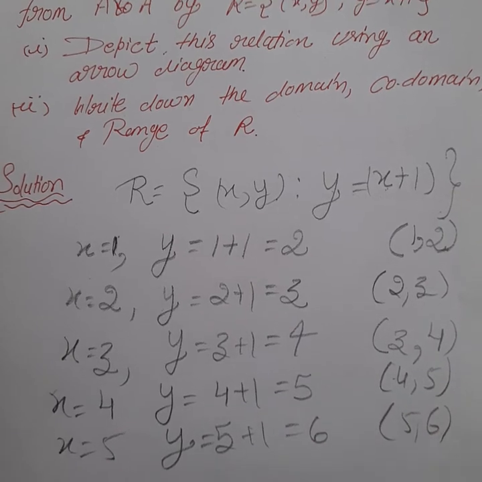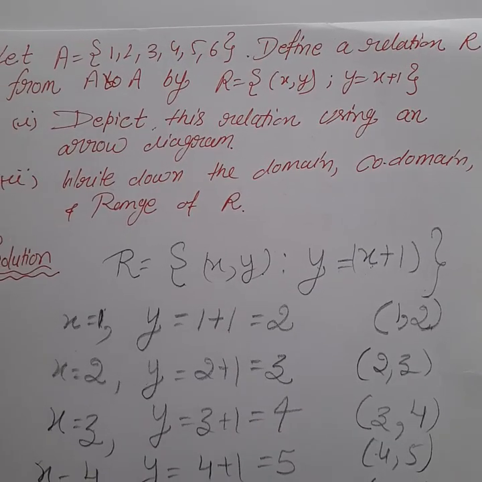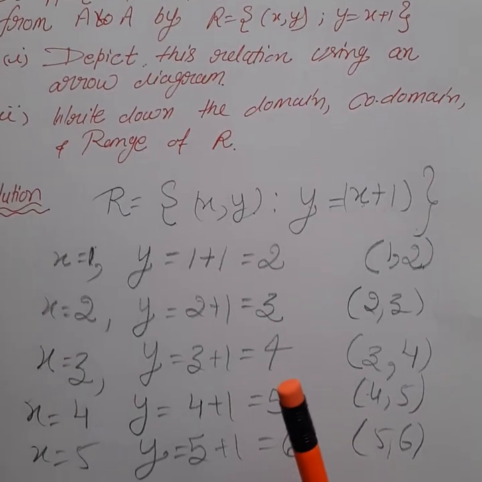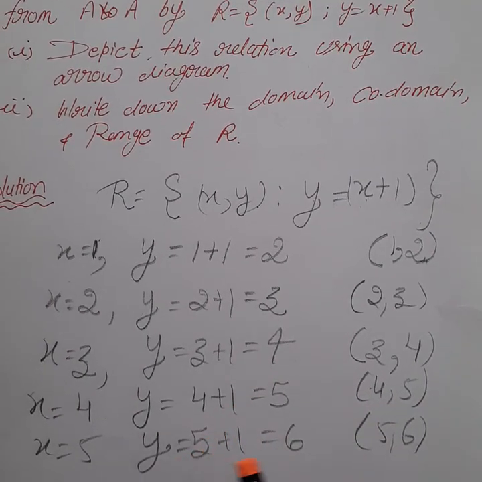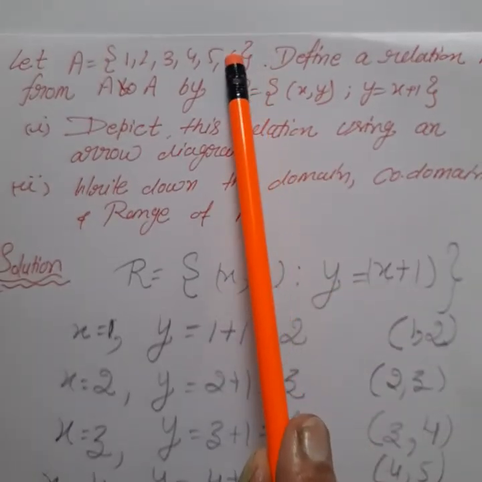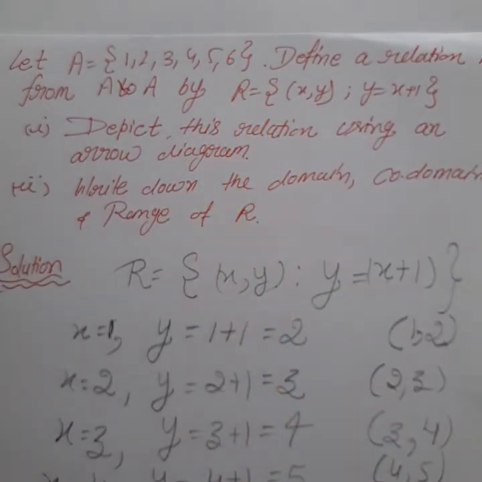Students, you can see in your set that you have elements up to 6. Now you have to write your pairs up to 6 because beyond 6 you have no numbers in your set.